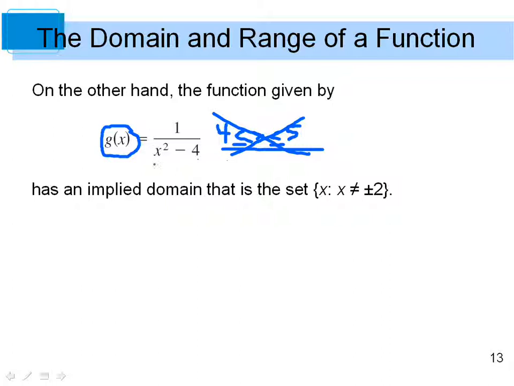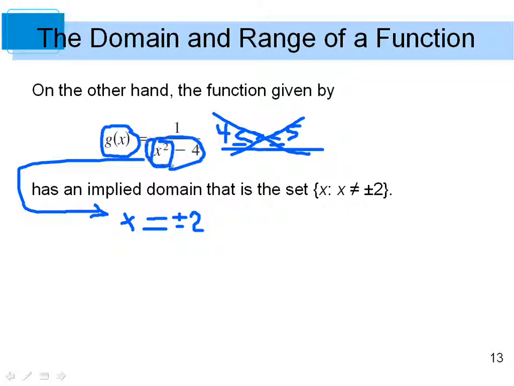And so what we want to ask is what values of x make this equation not work? So when the bottom here, if I go down, when x equals 2 or negative 2, so I'll draw plus or minus 2 here, the denominator of this fraction is equal to 0.